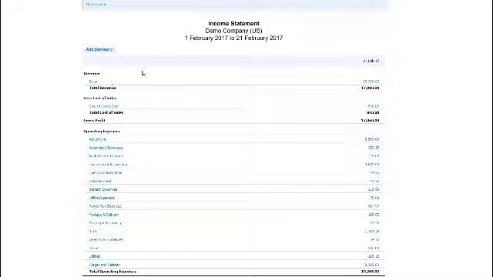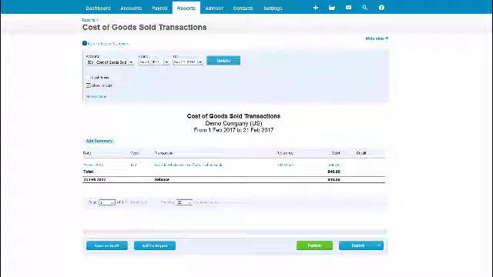You can see that they have brought in $17,900 in sales, and they have $840 in cost of goods sold. Now we can drill down into this report and see what this was, and that was product that they purchased right here that they were selling.